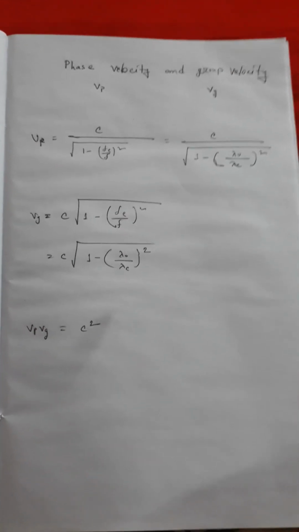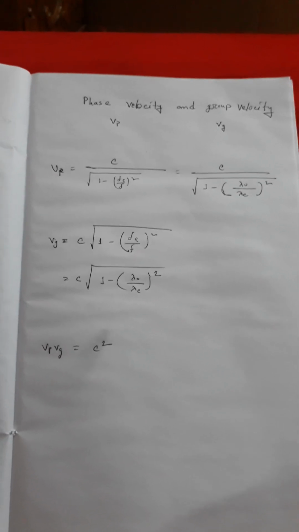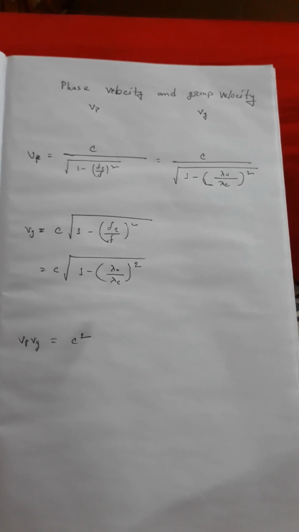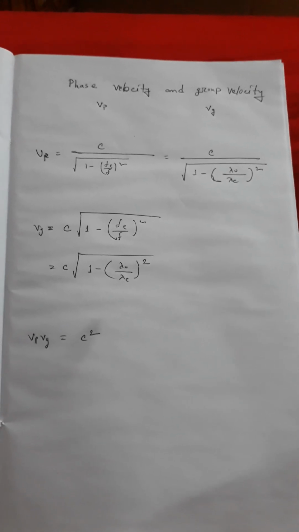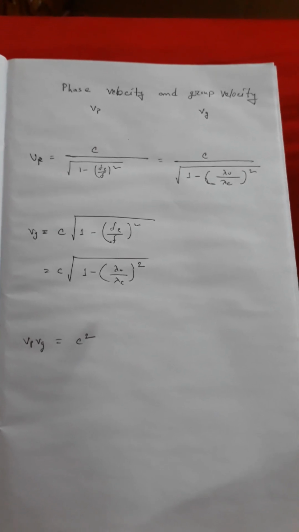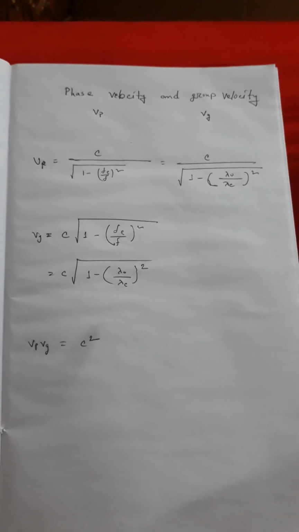Now the final topic we are going to cover about the rectangular waveguide is phase velocity and group velocity. Phase velocity is denoted by Vp and group velocity is denoted by Vg.